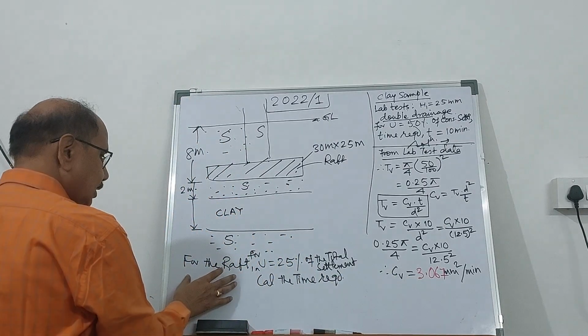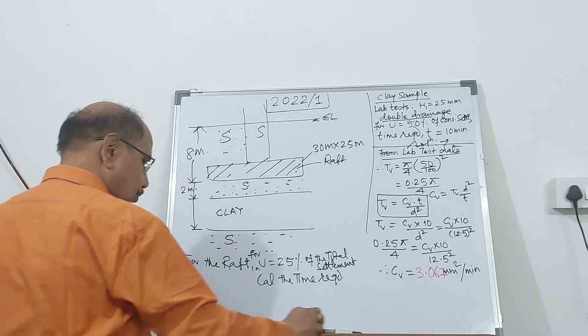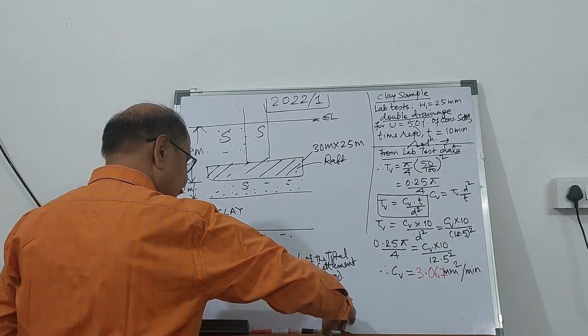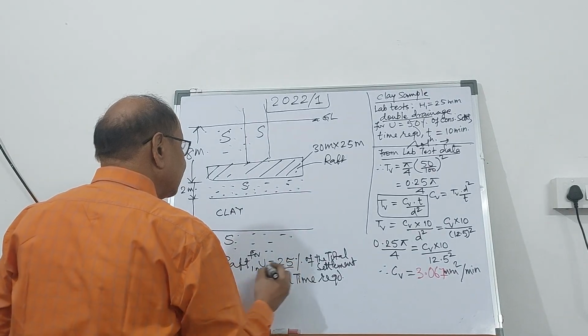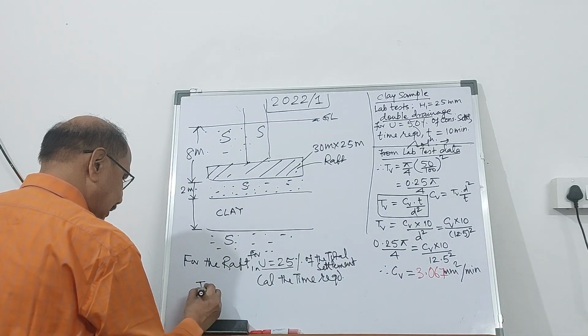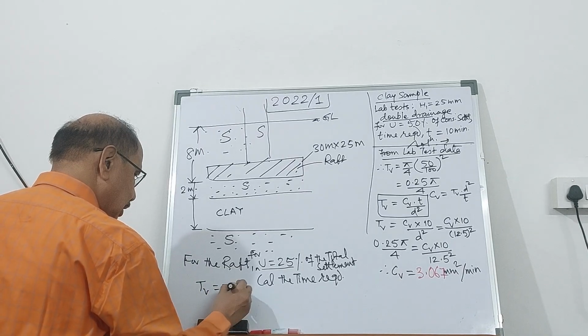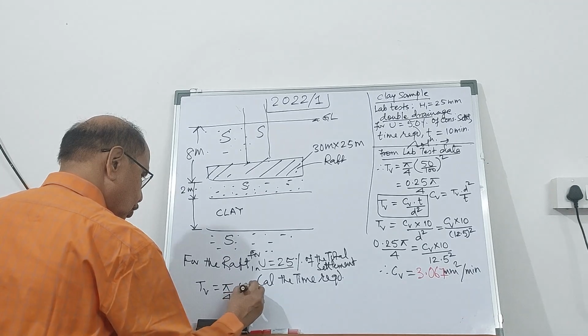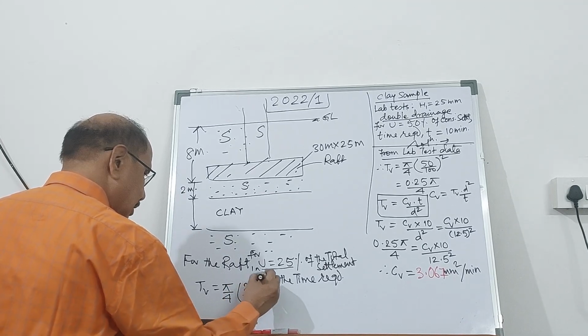Now come to the raft. For the raft, the degree of consolidation is 25%. So for 25%, the time factor TV will be pi by 4 into 25 divided by 100 whole square.